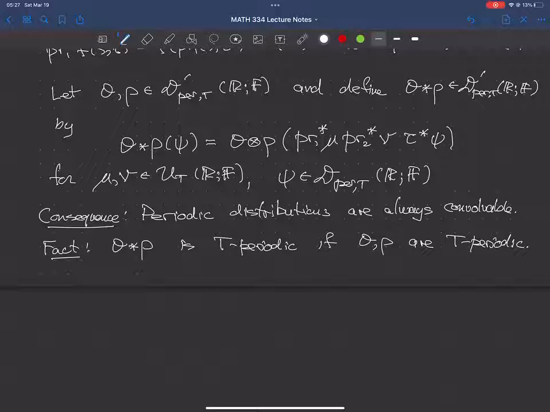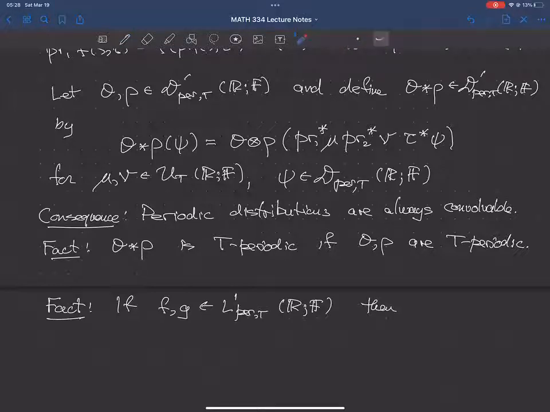Another fact, and again, this has to be true, or else the definition of convolution isn't very useful, is that if f, g are in L1 per T, which is the big class of signals whose convolution you can normally take as functions, then we know any two signals in L1 per are periodically convolvable.